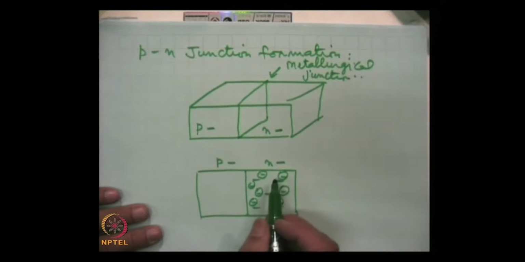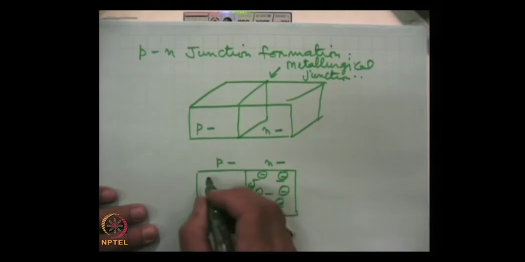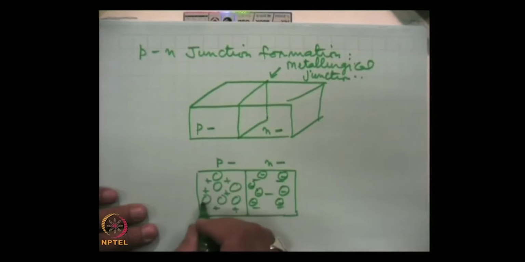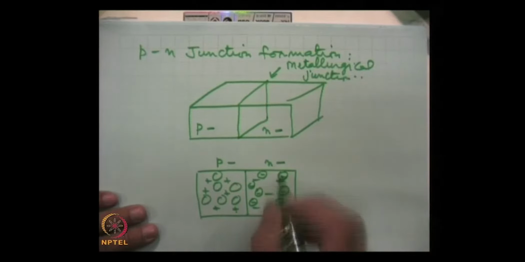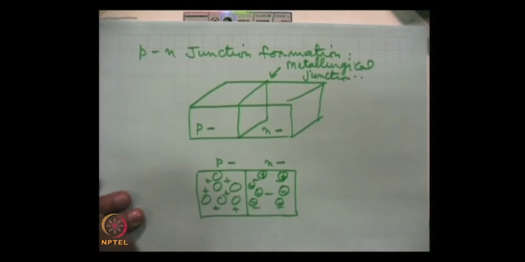While they do not take part in the conduction process because they are not mobile, they are rigidly fixed at the lattice. And similarly, here there are holes and there are positive ions. I am sorry, this will be the positive ions because the donor has donated one electron.